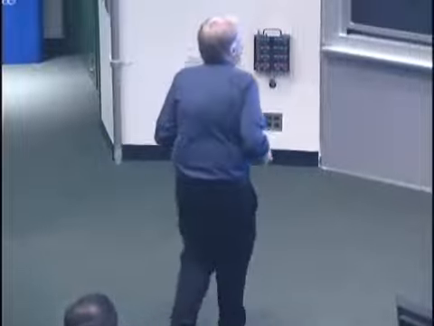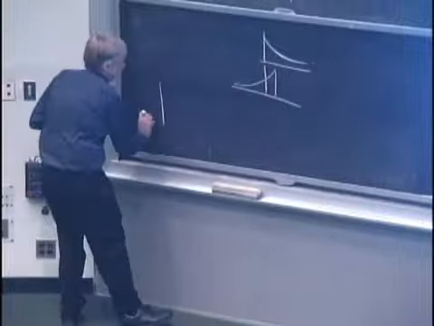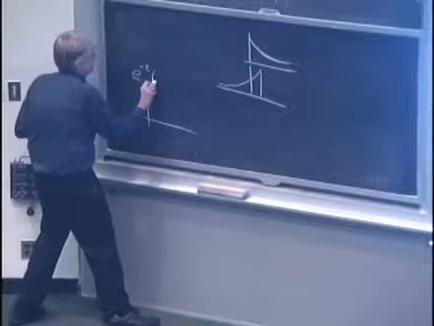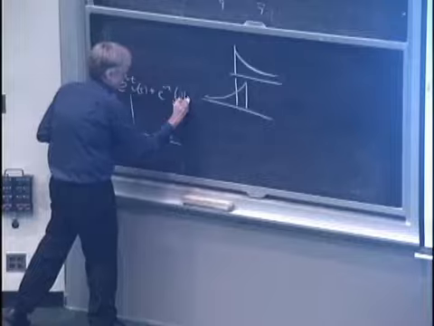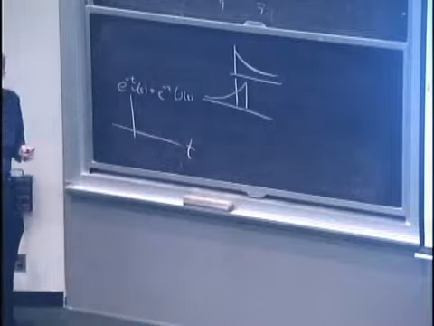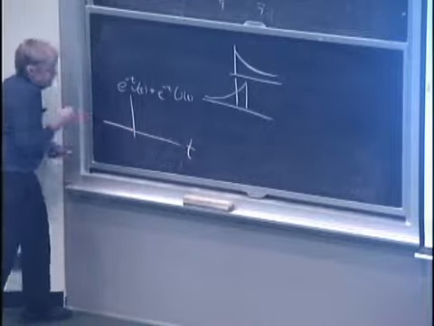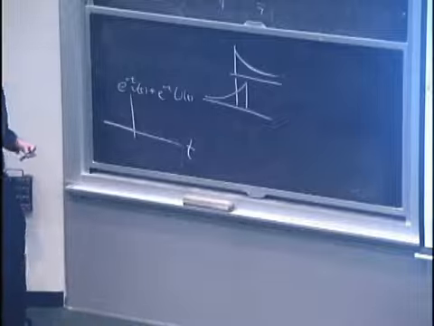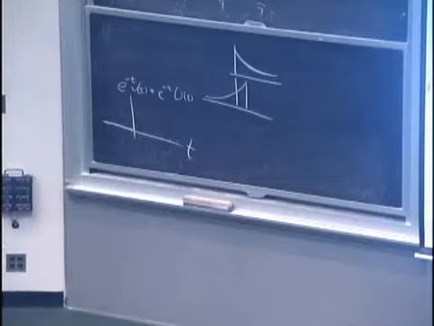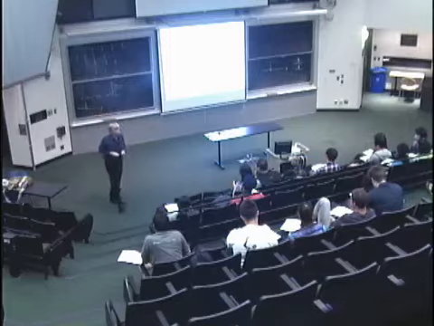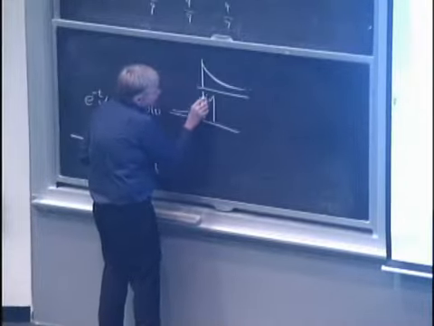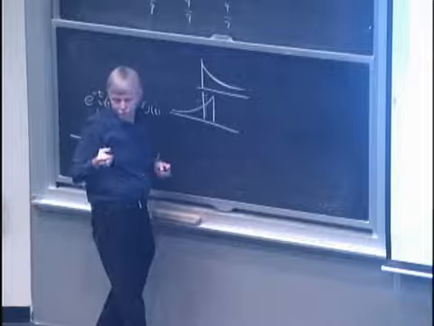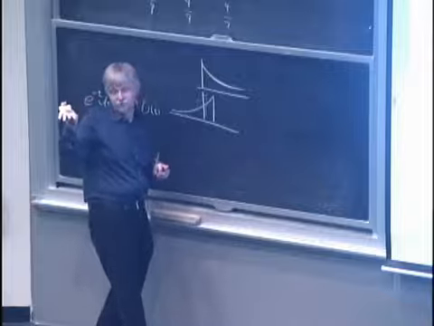So if I want to make a plot of the convolution, so if I want to think about e to the minus t u of t convolved with e to the minus t u of t versus t, I already know that it's like that. For t small, how will the function grow? Linear. So if this is very small, then the deviation from the height, which is 1, is very small.